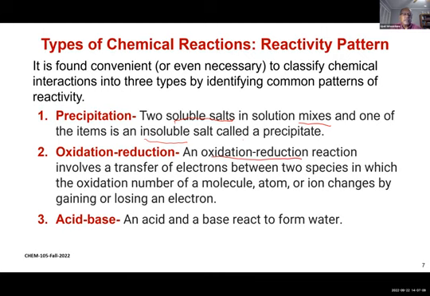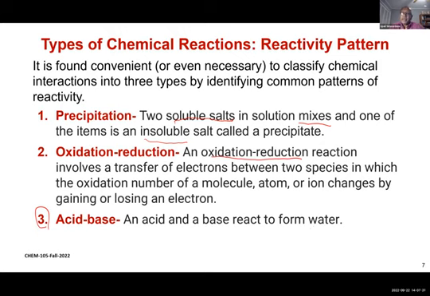The third main class of reaction is acid-base. Certain compounds have acidic properties and some have basic properties. Acids are sour, bases are bitter. When they react with each other, they form water.